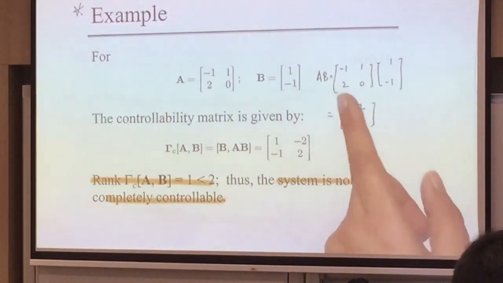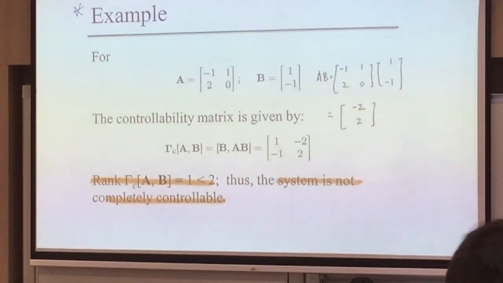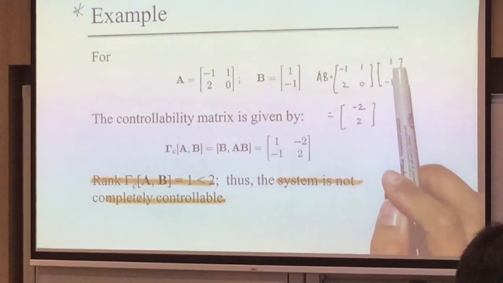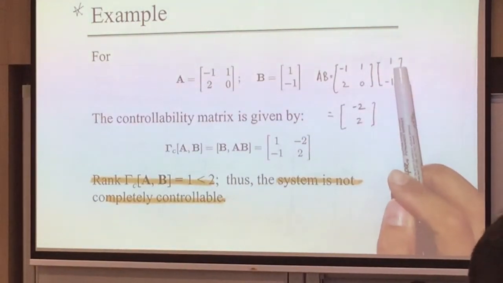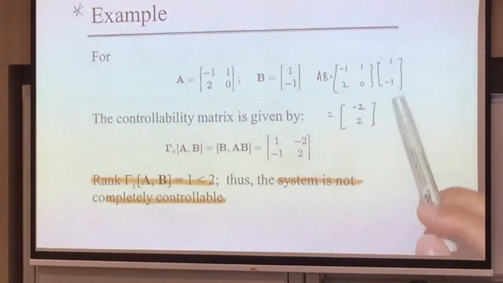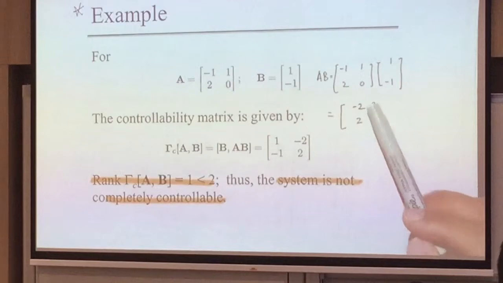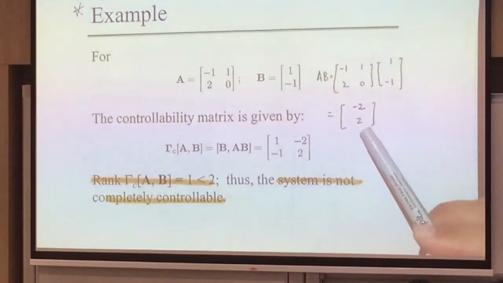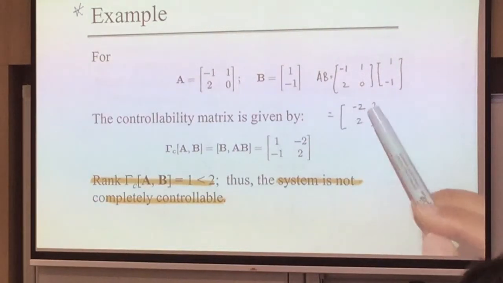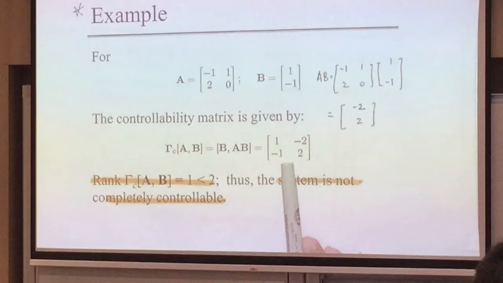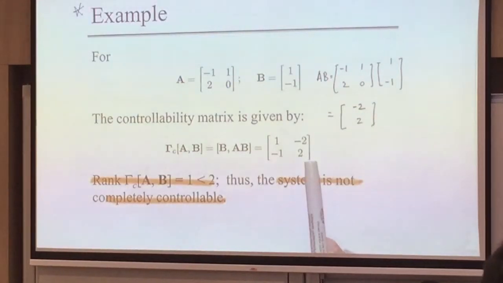How do you compute it? Minus 1 times 1 is minus 1, plus 1 times minus 1, so minus 1 plus minus 1 is minus 2. 2 times 1 is 2, plus 0 times minus 1, so 2. So AB is minus 2, 2. The matrix B, AB is 1, minus 1 and minus 2, 2.